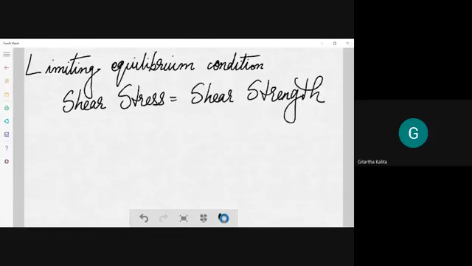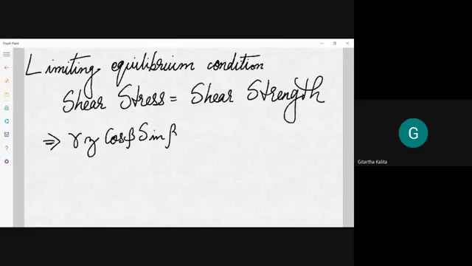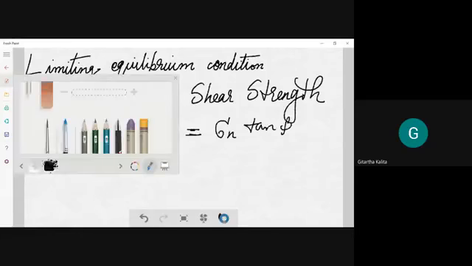Now, what is the shear stress that is applied in this slope that we are analyzing? The shear stress is gamma z cos beta sin beta. And we have already got the equation of the shear strength. So it will be sigma n tan phi dash.